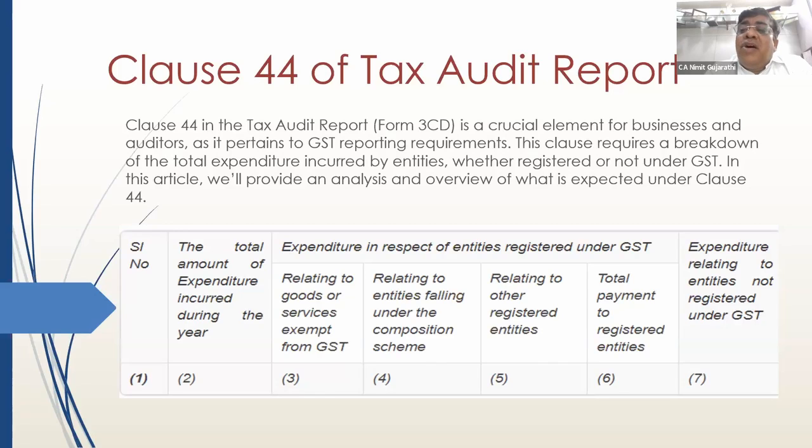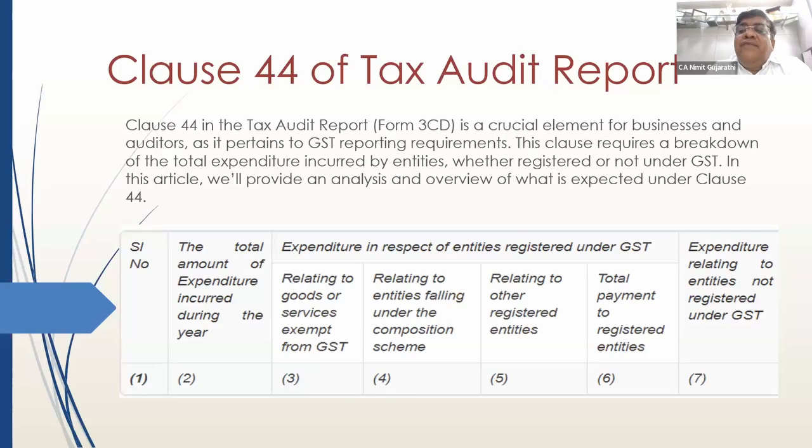So even though you have not taken a GST credit and there is no penal provision in GST law, under income tax law for an unregistered dealer you have a heavy penalty if the genuineness of that dealer is not established. So whenever I am preparing this report, I need to be very careful in reporting the entity.